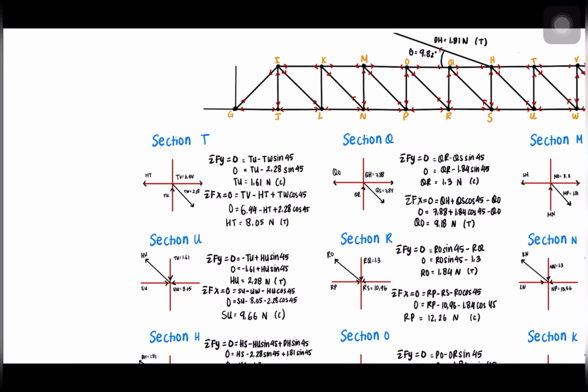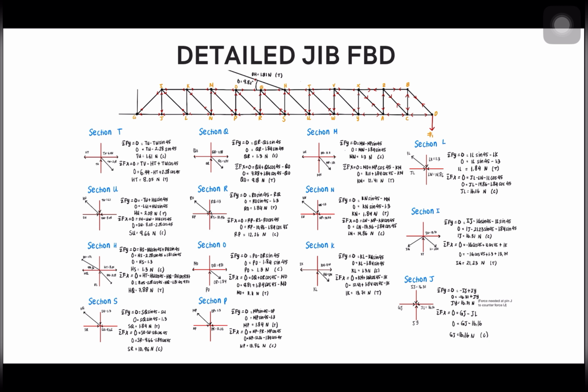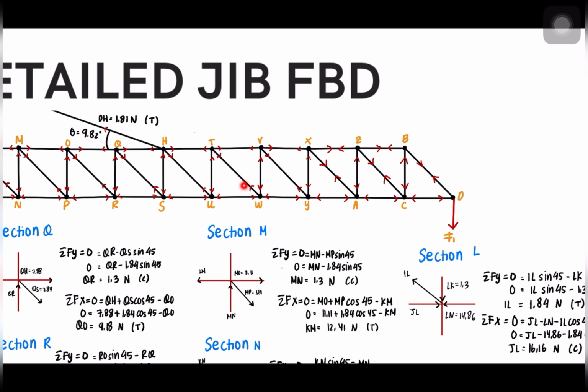Okay, so for now, as you guys can see, we have reached until here and we can see that mostly all of the parts of the FBD have the same pattern. So for the diagonal one, it's going away from the pin, so it's tension. And the Y axis one, it's going towards the pin, so it is compression.